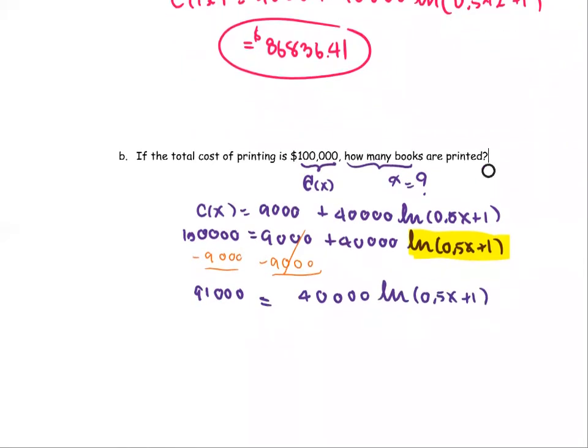The next step, we are going to divide both sides by 40,000. So the left-hand side becomes 91 divided by 40 equals the natural log of 0.5x plus 1.